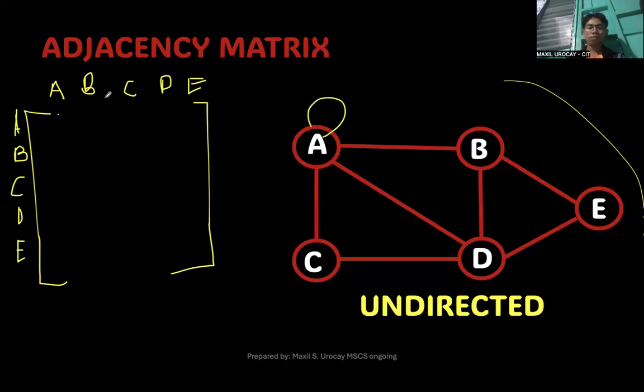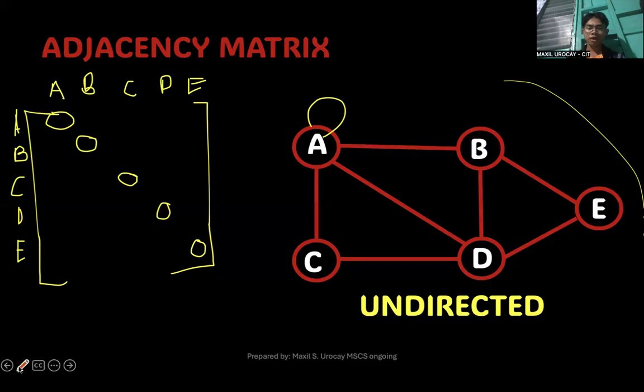Is there any loop? There's nothing, so that is equal to 0. If you check B to B, C to C, D to D, and E to E, there is no relationship. So we can identify that B to B is 0, C to C is 0, D to D is 0, and E to E is also 0.